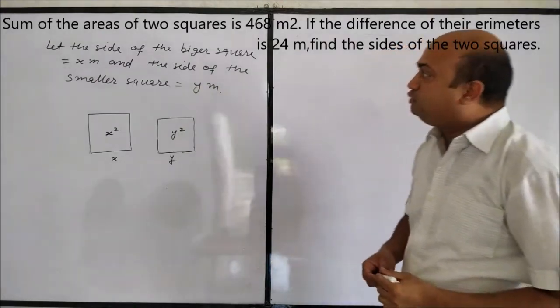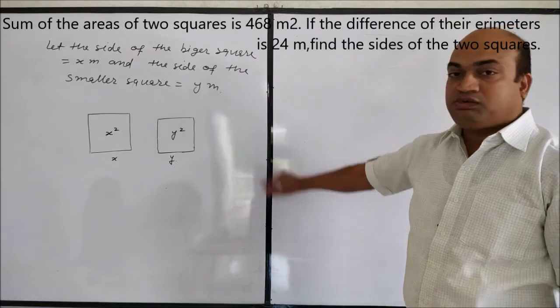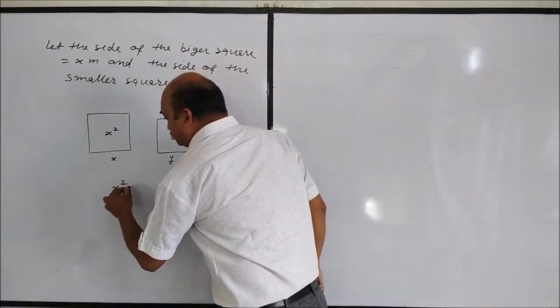Okay, side of the bigger square we consider as x meter and the side of the smaller square we consider as y meter. Now it is given that sum of their area.